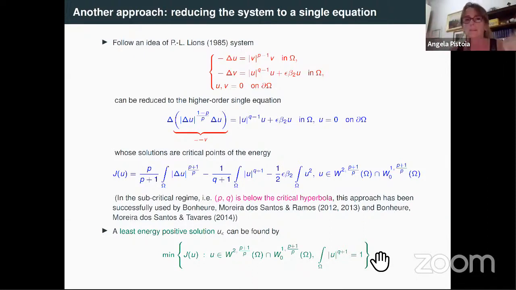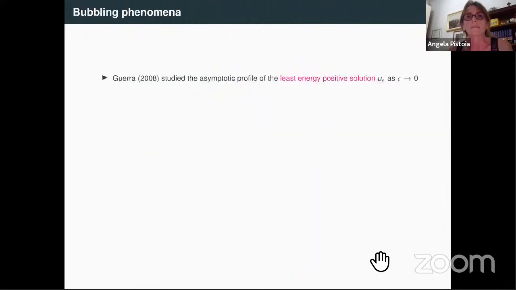So there is a least energy solution, and what one can try to understand is the profile of this solution as epsilon goes to 0. And Guerra in 2008 studied the asymptotic profile of this least energy solution, and what he found was the following.